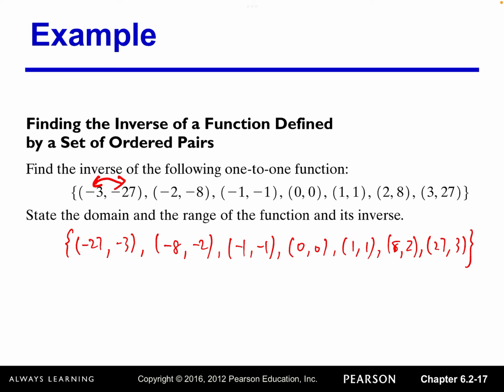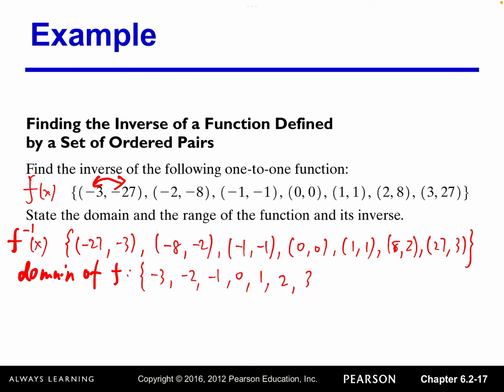All right, now find the domain of the original function. This is the original function f, which we call f of x, and this is the inverse function of the original. For the domain of the original function, we collect all the x coordinates: -3, -2, -1, 0, 1, 2, 3.